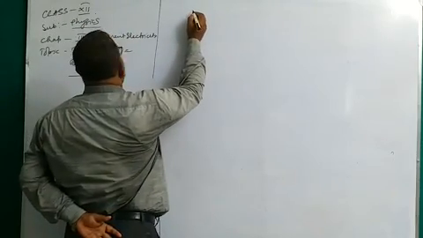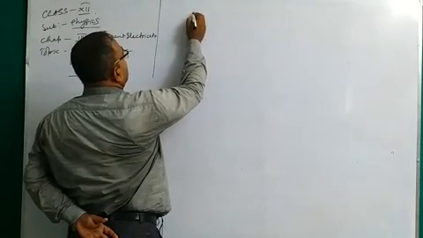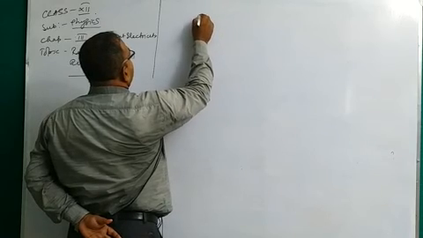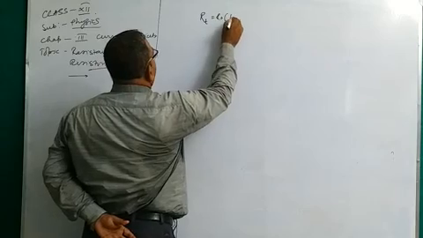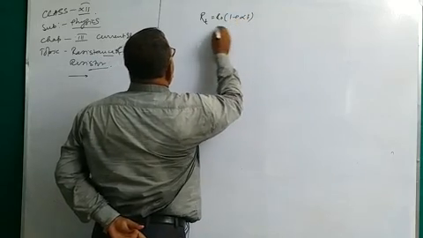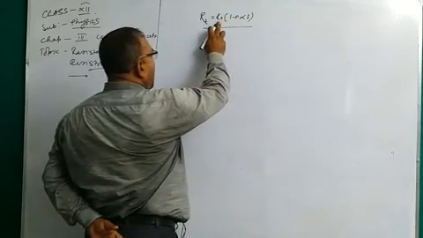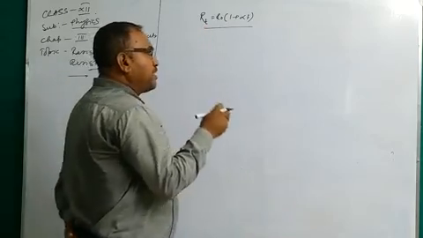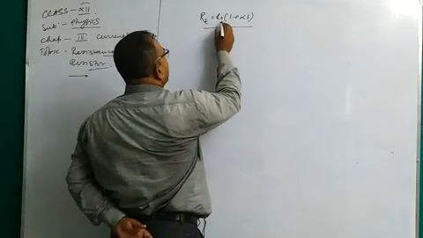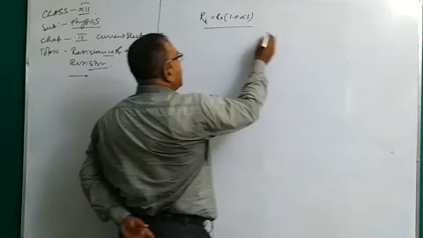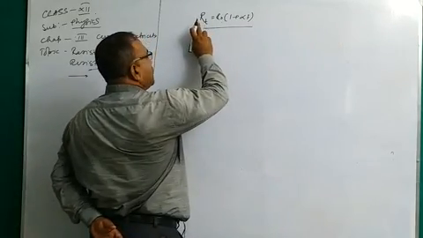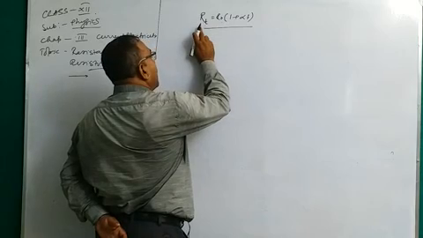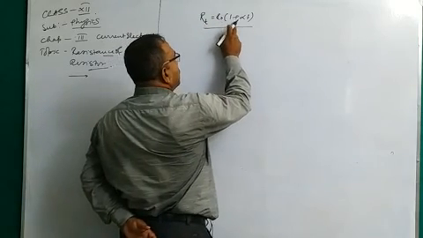Resistance also depends on temperature. RT equal to R0 into 1 plus alpha into T. This R0 and RT, with suffix T, are the resistances at temperature 0 and temperature T, or temperature first and temperature second, that we denoted by the letters R0 and RT.